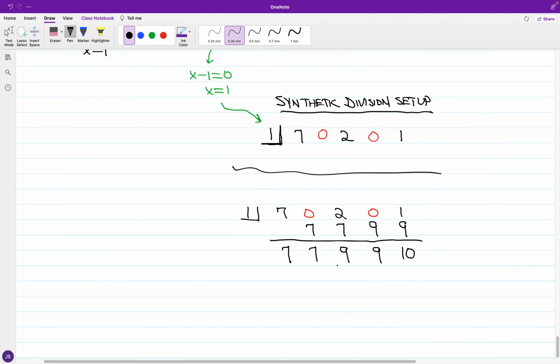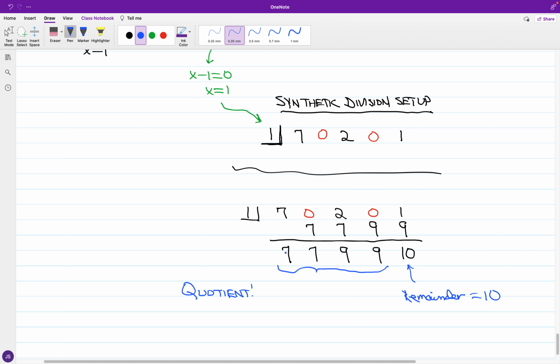Okay. And what these bottom numbers will mean is that the last column total is going to be the remainder, which is going to be 10. And the numbers in front would be the numerical coefficients of the quotient. For just one round of synthetic division, the bottom row figures will represent a polynomial that will be 1 degree less than the original dividend.